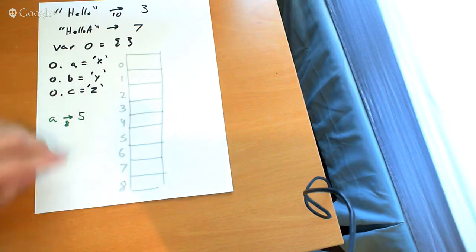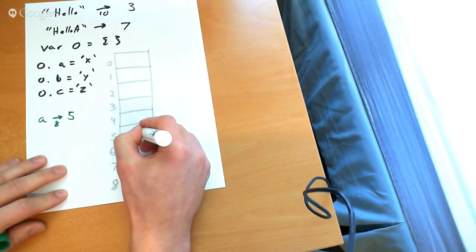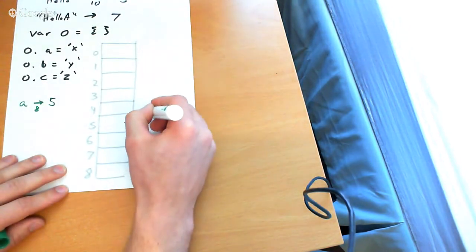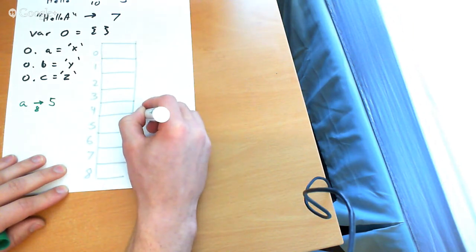So at memory address 5, it's going to create a pointer to another array in memory somewhere else. I'm going to draw out this array this way.